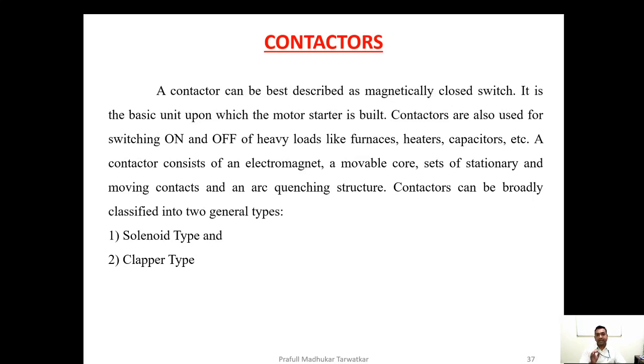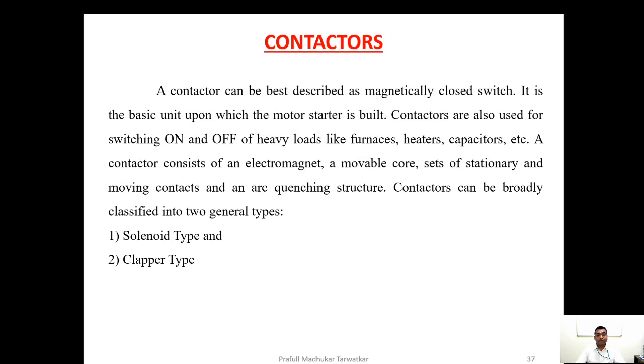As far as the technical definition of the contactor is concerned, a contactor can be best described as a magnetically closed switch. It is the basic unit upon which the motor starter is built. As I said earlier, it is an essential part of any starter.